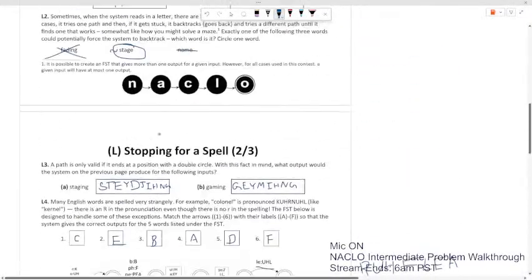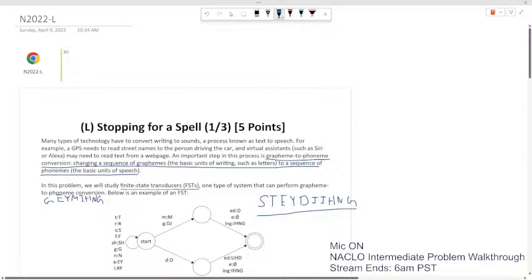Okay, let's pull up the answers and check it. Okay, let's find that. I think this is from 2022.